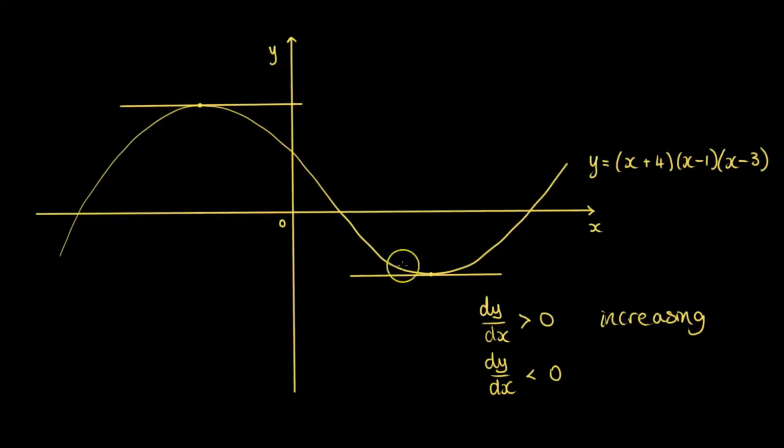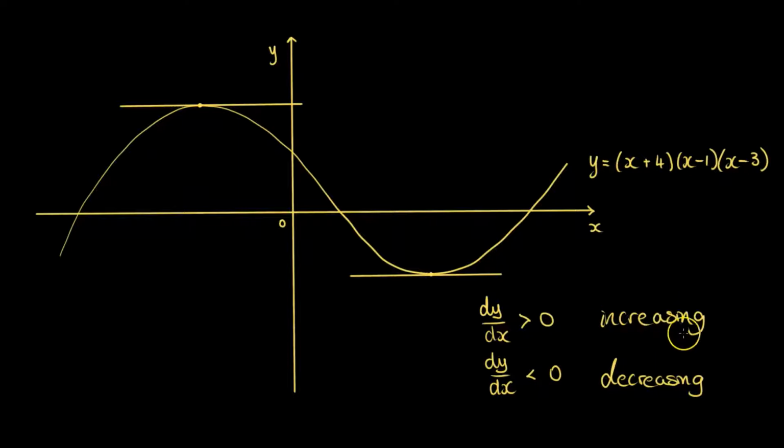So between these highest and lowest points here, my gradient is negative, and this function is getting smaller and smaller, so it's decreasing. It's a decreasing function between these 2 points. So when dy/dx is less than 0, I say my function is decreasing.